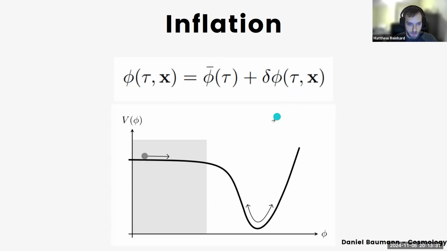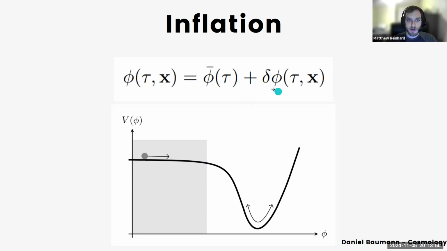And inflation occurs because the inflaton field is, we say, slowly rolling, meaning the potential is suitably flat so that the inflaton field moves very slowly and its kinetic energy is much smaller than its potential energy, causing space to expand.